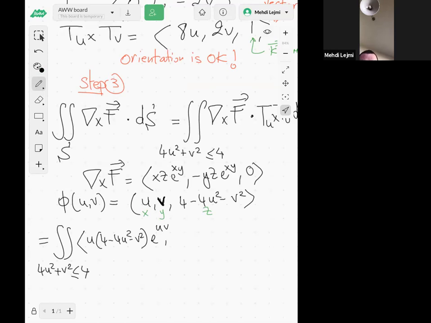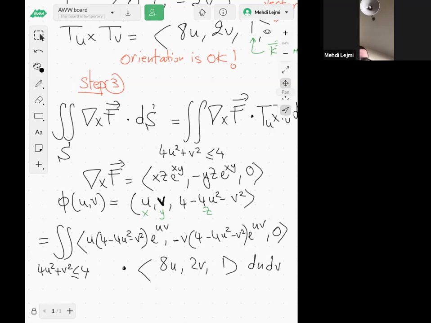And then minus yz, so minus v times this whole thing, e to the uv, 0, scalar product with Tu cross Tv, which is (8u, 2v, 1), and then du dv.